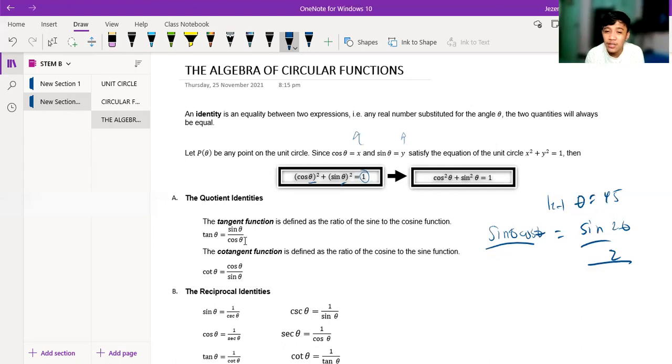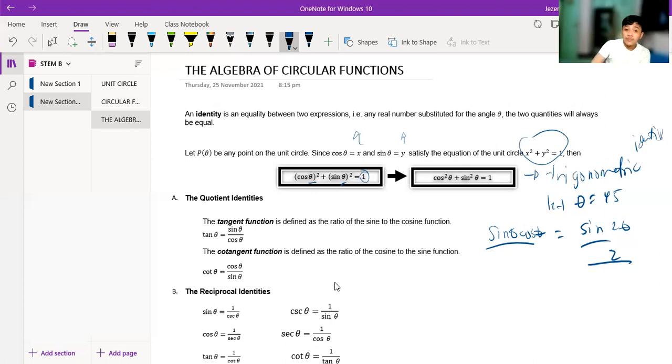So, yung x equals kay cosine, so cosine squared theta, then yung y equals kay sine theta, therefore sine squared theta equals 1. Since ito ay trigonometric, yung ating formula ng circle ay trigonometric identity ang tawag dito. Okay? So, may mga kasamahan pa yan.